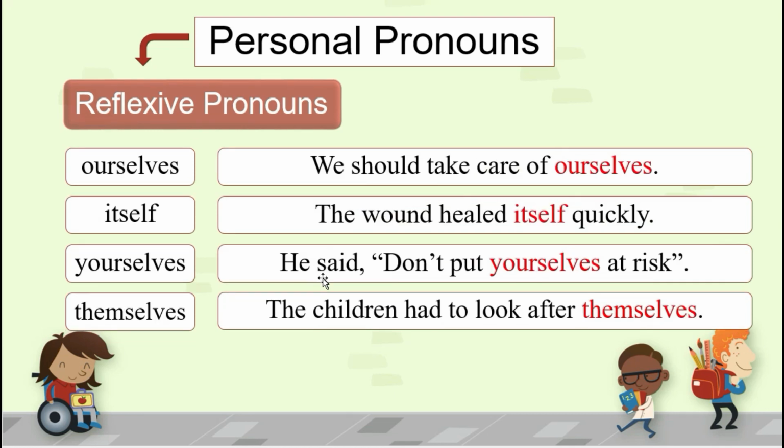We have some more examples. Ourselves, we should take care of ourselves. Itself, the wound healed itself quickly. Yourselves, he said, don't put yourselves at risk. Themselves, the children had to look after themselves.